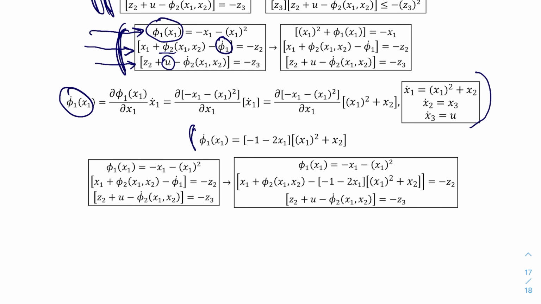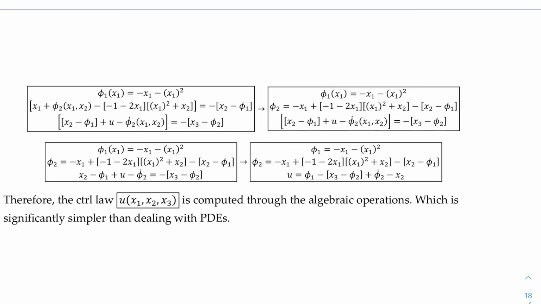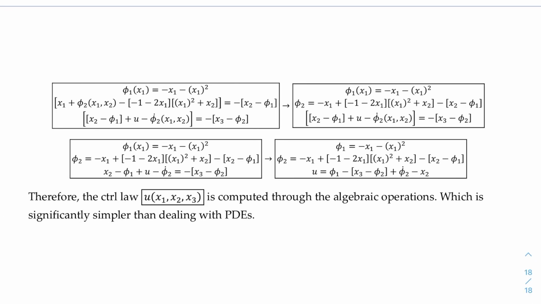Looking at this, this is phi1 dot, and when you're done with phi1 dot, you can isolate phi2 and then finally find u. Here we just isolated phi2, and then we need to isolate u.